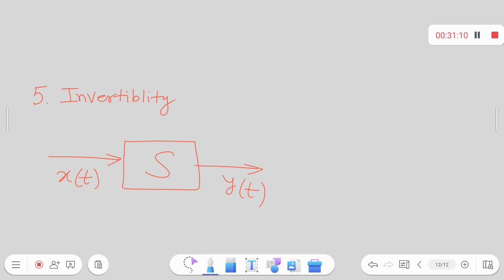That particular system is said to be an invertible system if you can design another system, S inverse, and if you feed this one y of t, you will be getting x of t back.